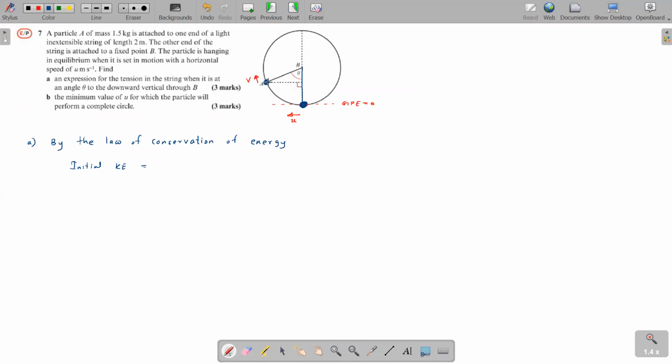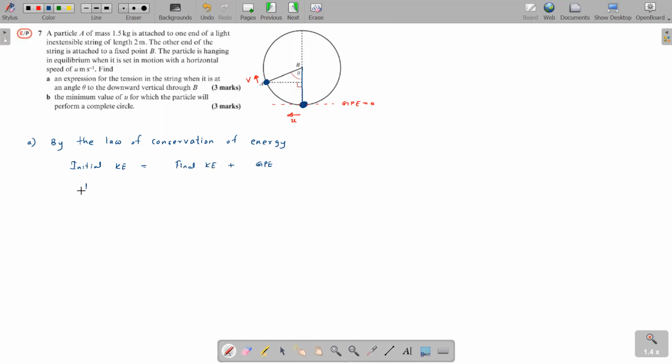At point A, at this point over here, we still have kinetic energy, so I'll say it's the final KE, and we also have potential energy, the GPE. Some part of the kinetic energy will be lost, but not completely, because the velocity doesn't become zero.